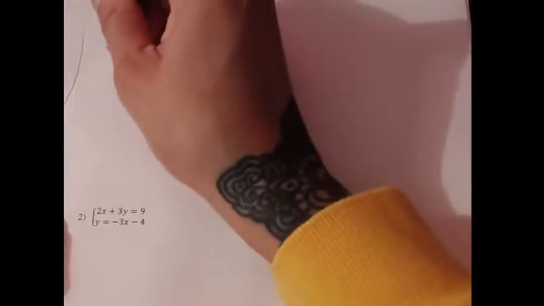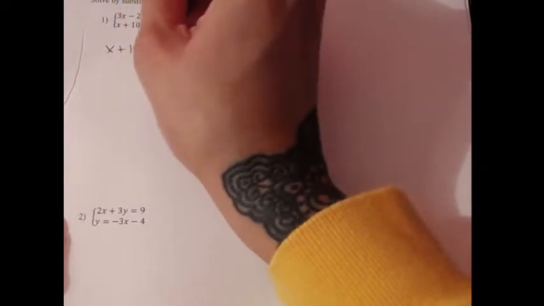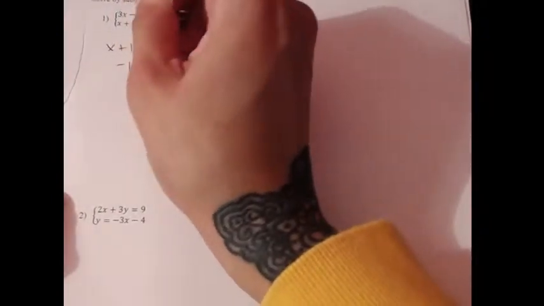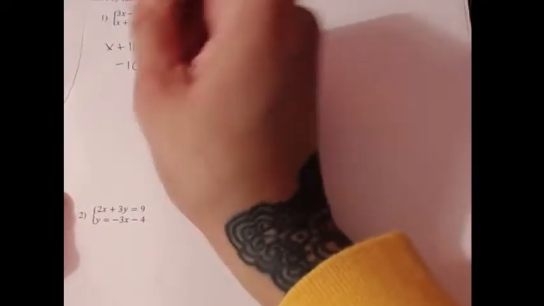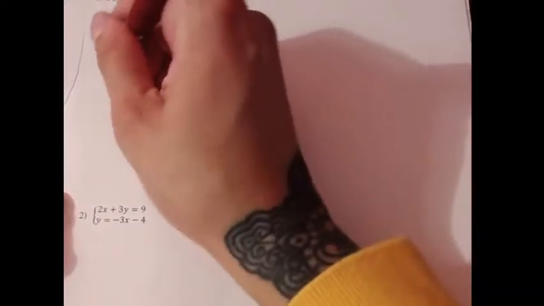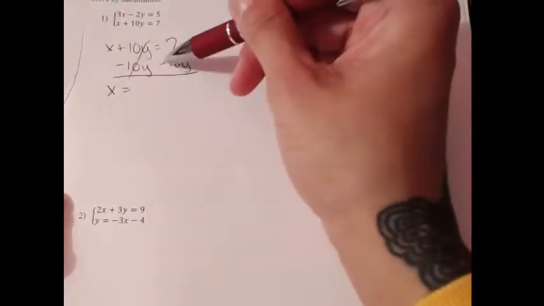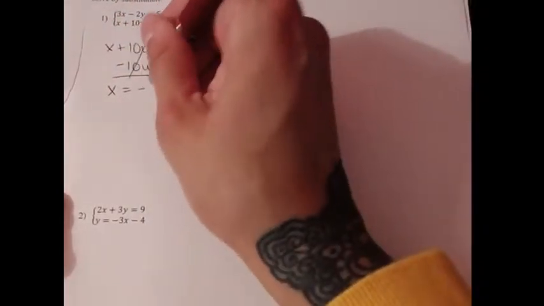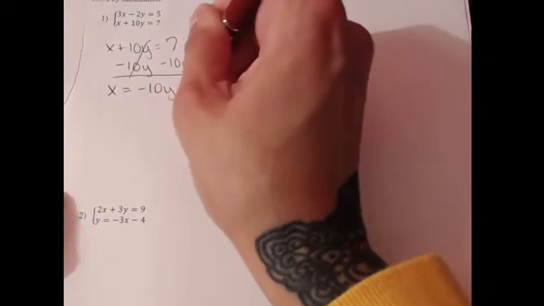If we write x plus 10y is equal to 7, I can easily get x alone by subtracting 10y. So let's do that. If I subtract 10y, I now have x is equal to negative 10y plus 7. We always like writing in descending order, so why not continue that process?